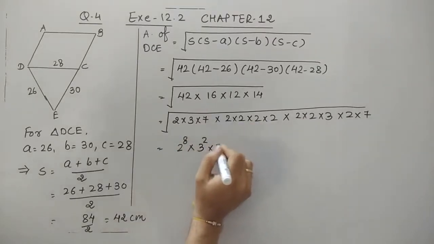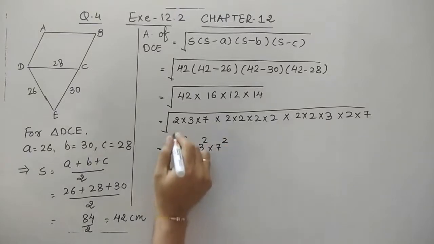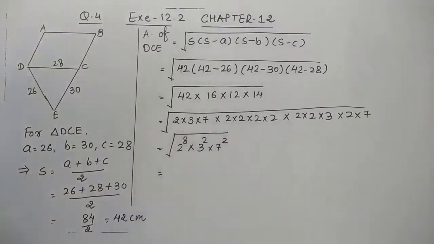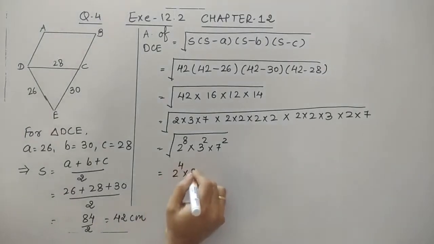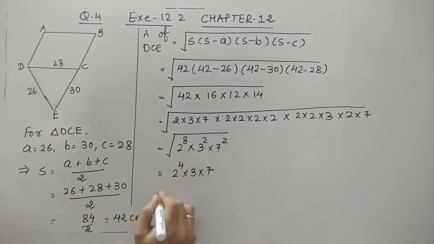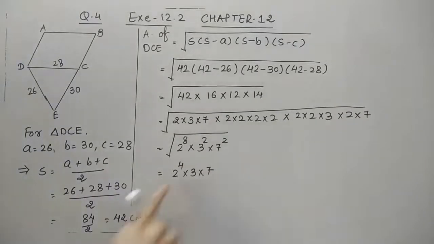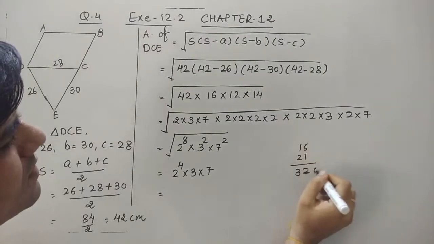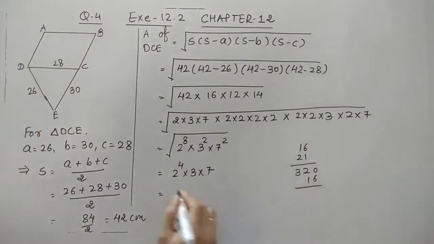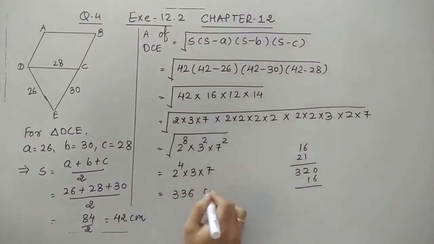The same, 7 is also 2 times. We know when we do the square root, we have to take half of the power. So 2 raised to 4 into 3 into 7. Now let us do the product. That is 16 and this is 21. So 16 into 21, the answer comes 336. That is the area of this triangle.